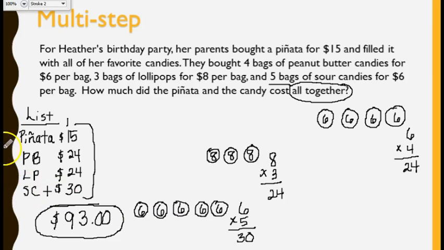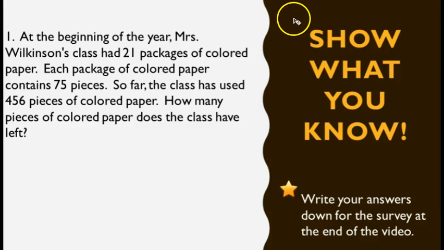Okay, so now it's time for Show What You Know. You're going to get a chance to do some all by yourself, and I just want you to do the best you can, okay? All right, so you'll notice that these don't have multiple choice answers. On the survey, you're going to find a little box, and I want you to type in your answer.